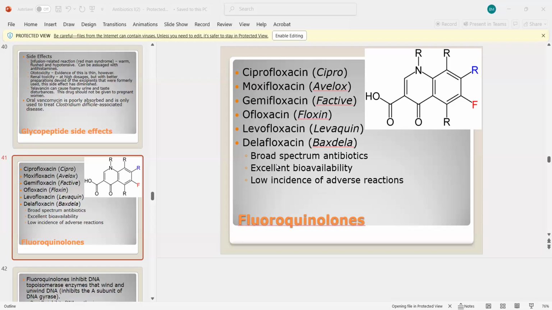Because of that, those three, levofloxacin, gemifloxacin, moxifloxacin, are typically called the respiratory fluoroquinolones, since they're often used to treat hospital-acquired pneumonias. As a general rule, most of your fluoroquinolones are not effective against MRSA.